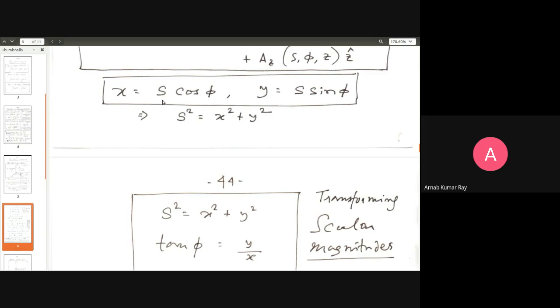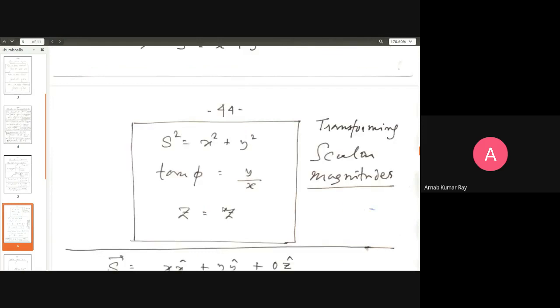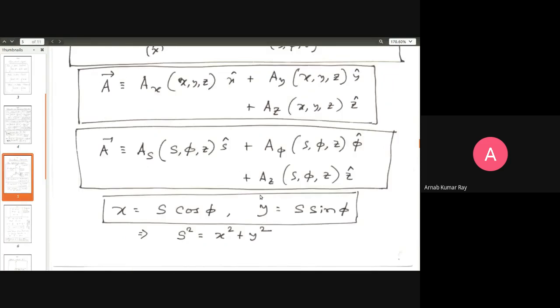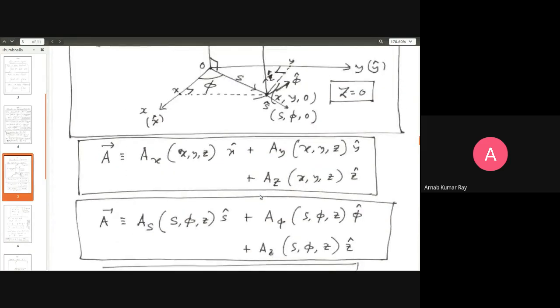If you know the cylindrical values s and phi, then you can immediately find x and y. z, of course, is the same in Cartesian as well as cylindrical, so that's not a big challenge. So first task is for us to understand that given one set of coordinates x, y, z, how will you find the other set of coordinates s, phi, z, or vice versa?